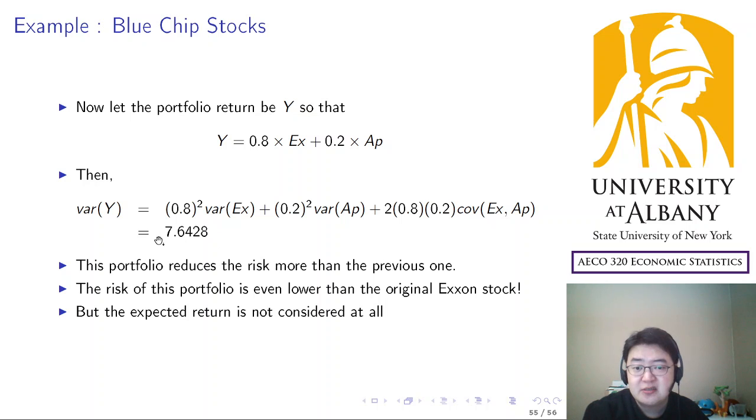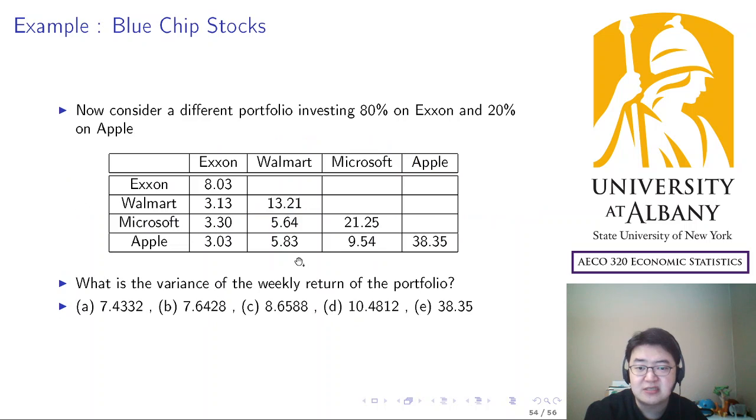What's surprising here is, remember this number, the variance of this portfolio is 7.6, which is even smaller than Exxon. It's a surprising result. By combining two assets, you can make the portfolio even safer than each of the assets. And what is even more surprising is that you are mixing Exxon with the most risky asset, Apple. Still, the result is better than Exxon. So you have a safe asset.